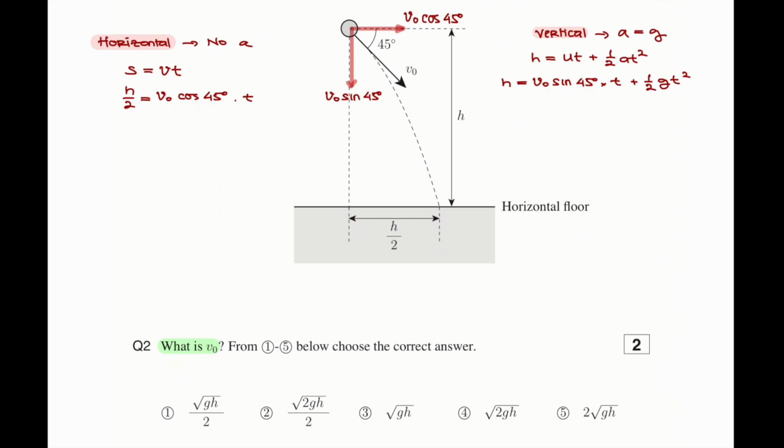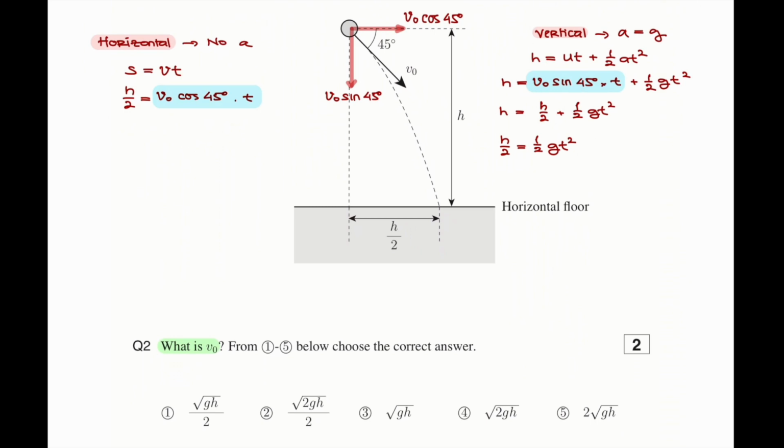So first of all, I will substitute VO cos 45, which is the same as VO sin 45, I will change this expression becomes h over 2. So I will get h equals h over 2 plus half gt squared. And then if I move this to the left hand side, h minus h over 2 is h over 2, which is equal to half gt squared.